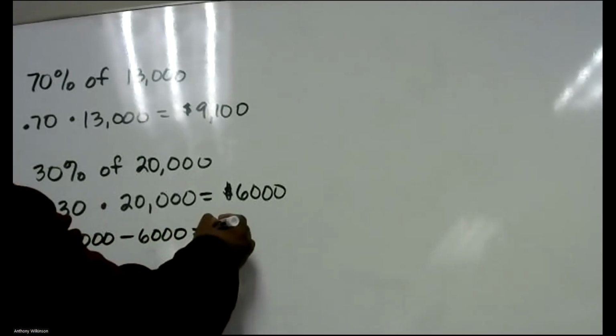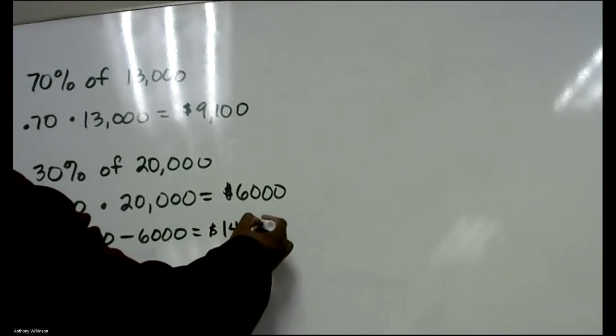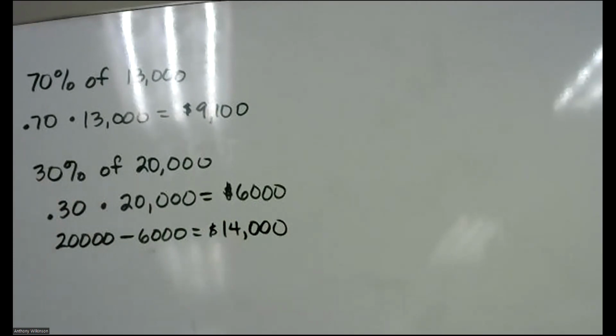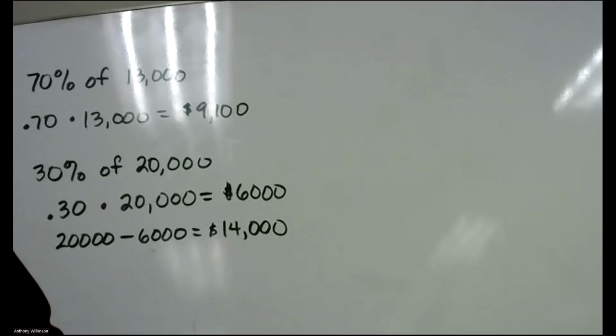How much? 14,000. So that car is depreciated by $14,000. Right, questions on part B.